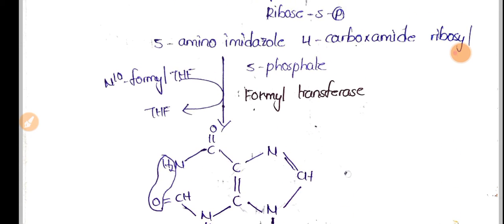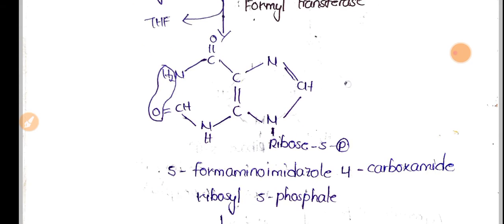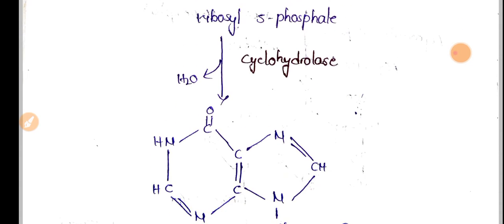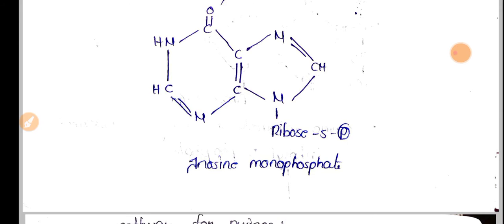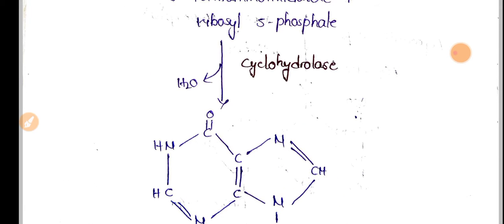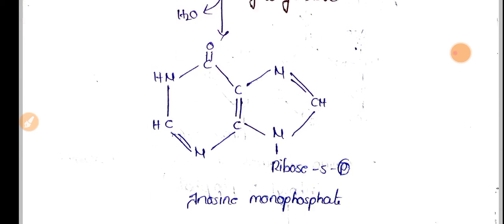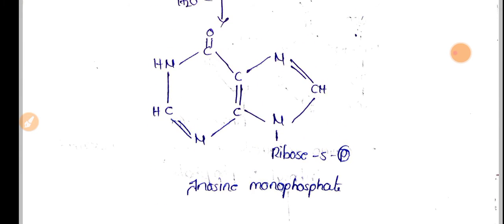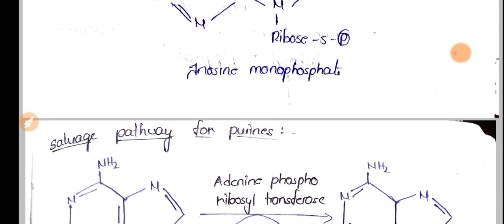Here the enzyme is formyl transferase, a THF dependent enzyme, and this is converted into inosine monophosphate by the enzyme cyclohydrolase. Inosine monophosphate is the base compound precursor for purine synthesis, so purines will be synthesized from inosine monophosphate.